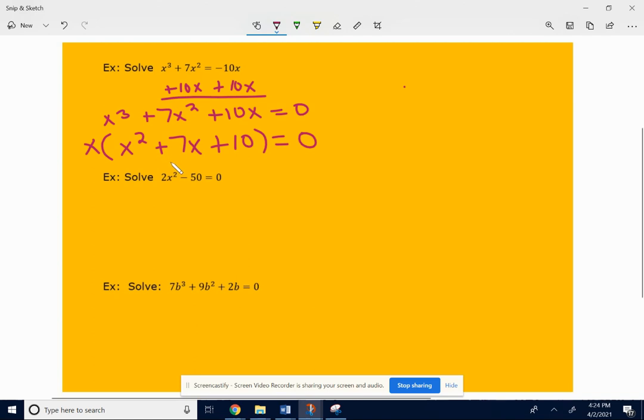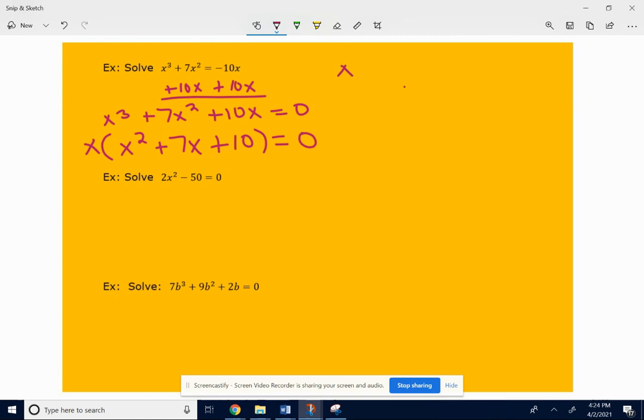Maybe we can do this in our head. 2 numbers that multiply together to give me 10, that add together to give me 7. Well, 10 and 1 would multiply to 10, but 5 and 2 work, and 5 plus 2 does equal 7. So 5 and 2 are the 2 numbers that'll help us factor that down some more.